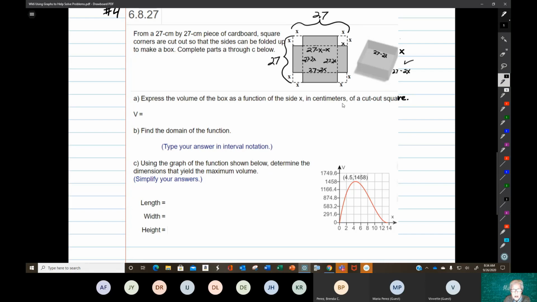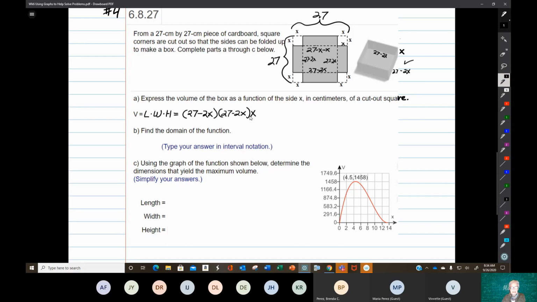So the volume of a box is length times width times height. So that's going to be 27 minus 2x times 27 minus 2x times x.